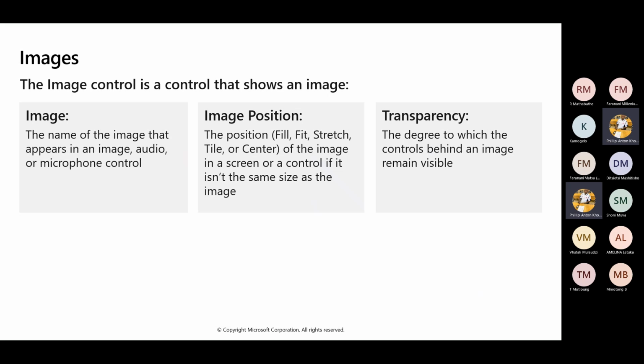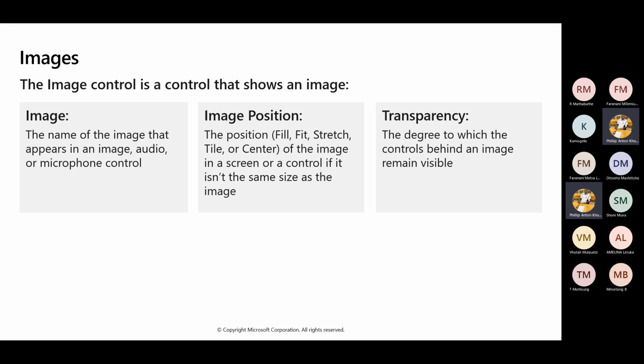Okay, so let's look at what you can do. So the name of the image that appears in an image, audio, or microphone, and then you have image position. So the position is fill, fit, stretch, tile, or center. So you can control where that image would be, right?